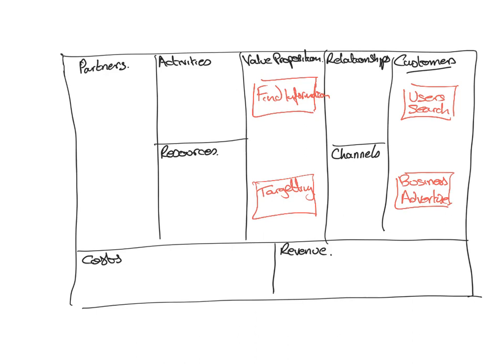However, for all this to work, and this is I think what an awful lot of people miss when they think about Google's business model, Google has an awful lot of partners, and these are websites.